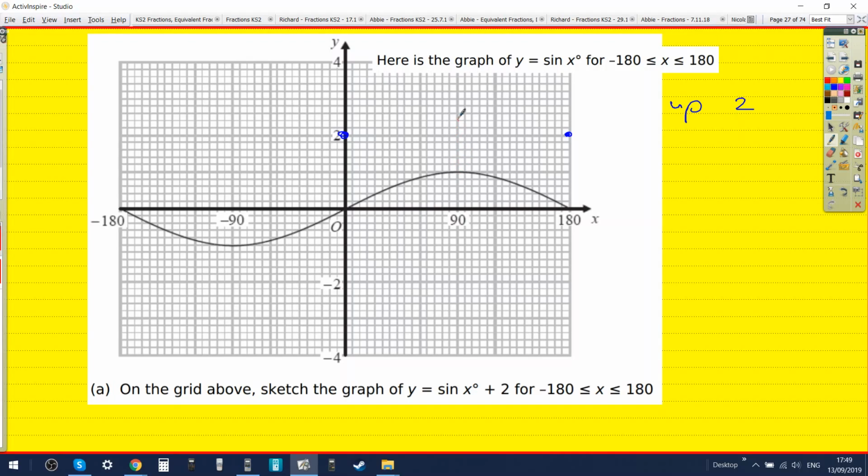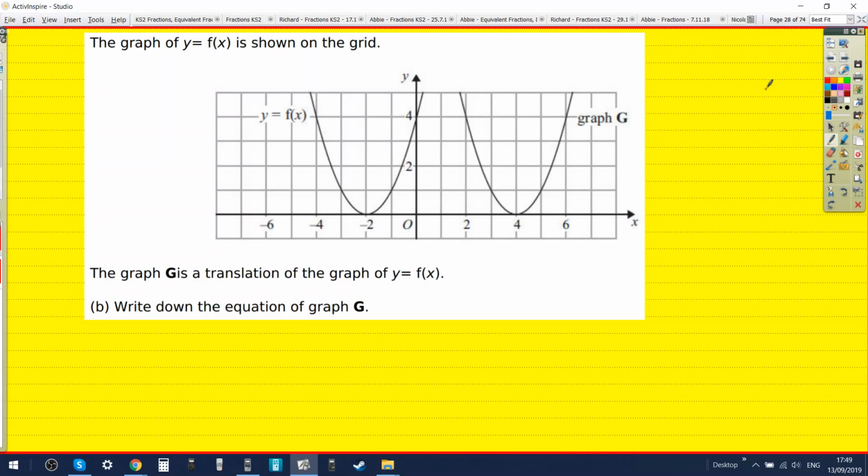Yeah, basically all these main points, 1, 2, and this one down here, 1, 2. And we do our best. Great. Yeah, moved everything 2 up. Okay, a transformation has already been done. You have to say what it was.